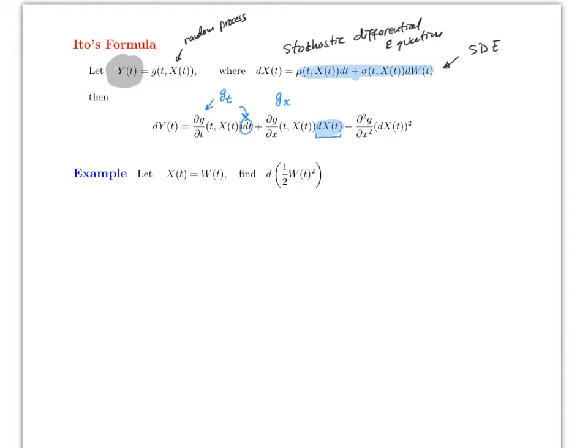And then finally, you're going to have the second derivative, g_xx, using the notation, times (dX_t) squared. Remember that dX_t is exactly all of this, squared, and there is a 1/2 missing in front.